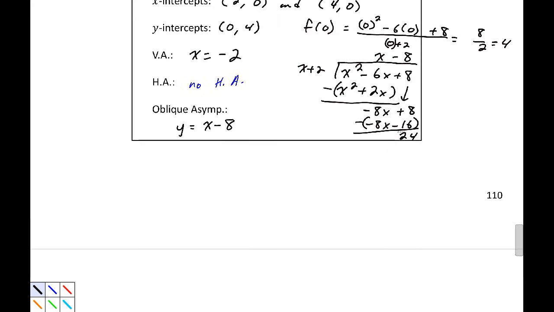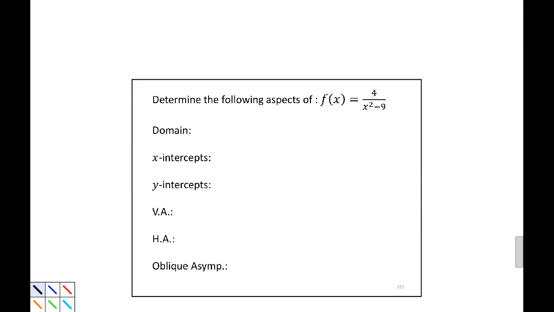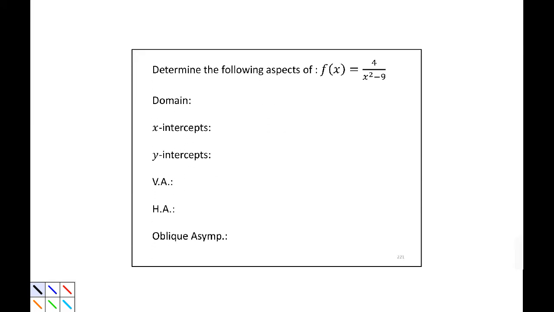All right, for our next example, determine the following aspects of the function f of x equals the numerator 4 over the denominator, the quantity x squared minus 9. Let's first factor this. The denominator factors as x plus 3 times x minus 3, since it is a difference of squares. And the values that make our denominator equal to 0 are positive 3 and negative 3.